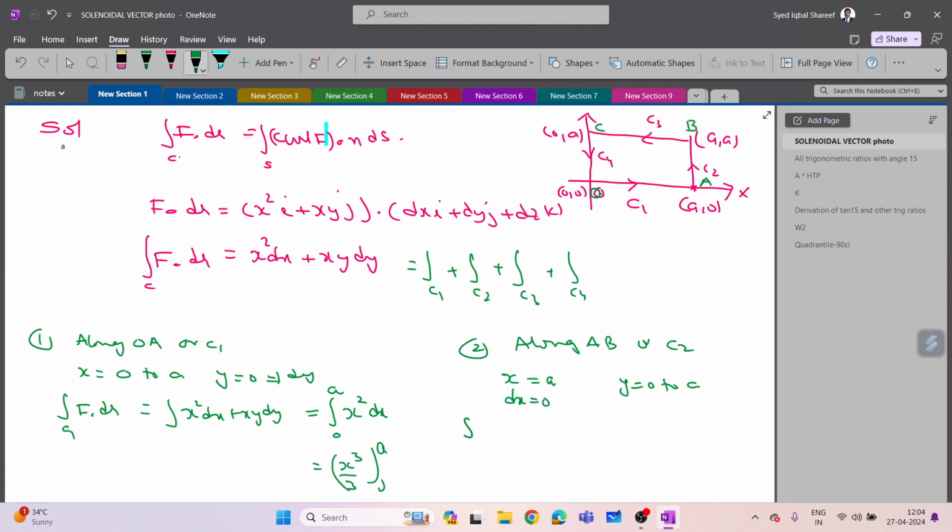So the integral over the curve C2 of F dot dr will reduce to, dx equal to 0, so the first part is 0, only the second, xy dy. What is x? x is a. So a y dy. What is the limit of integration? 0 to a. Therefore this is a times y squared by 2, from 0 to a.